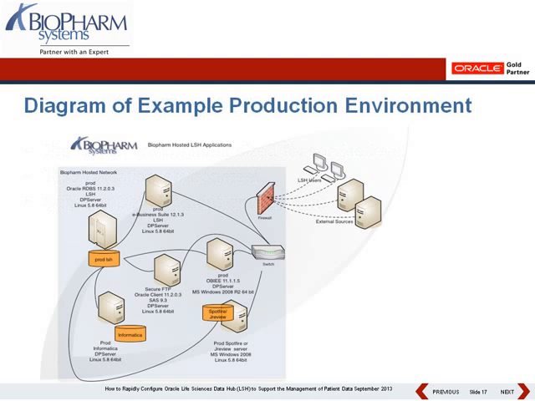That may be on another box, be it virtual or real. Your Spotfire, JReview, if you're using Informatica, if you're using OBIEE. It's quite a complex physical architecture. Some of these can be virtual machines. Some of these can be physical machines. And setting this up, if you don't know what you're doing, can be somewhat confusing unless you're very experienced. And that's kind of the advantage of working with a hosting partner like BioPharm.